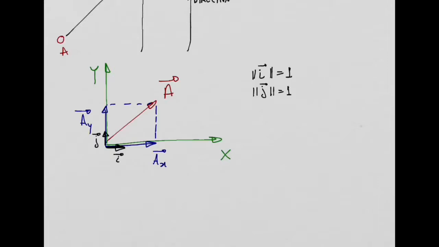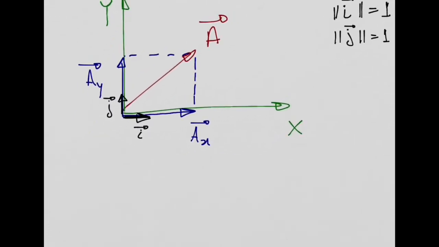And then I can say something like this. I can now say that my vector A will have a component in the x direction, which is going to be AX.